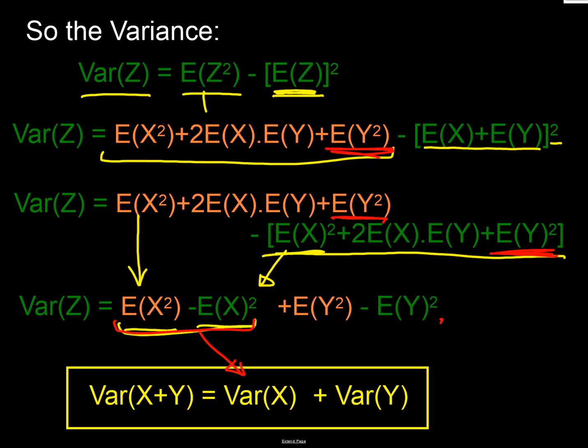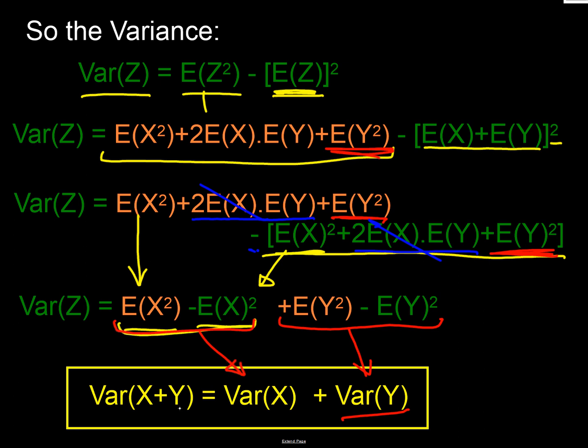So if we put those two terms together, we know that that's the variance of y, don't we? That just leaves the terms in the middle. Well, here we've got 2 times the expected value of x times the expected value of y, but then we've got a subtraction here from the second bracket of exactly the same. So those two terms are going to cancel out.